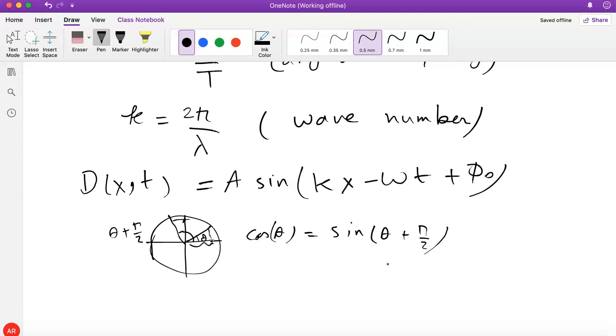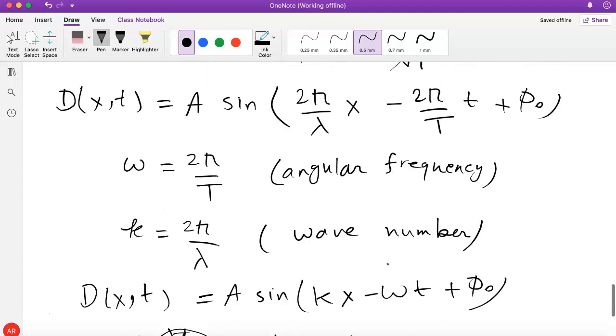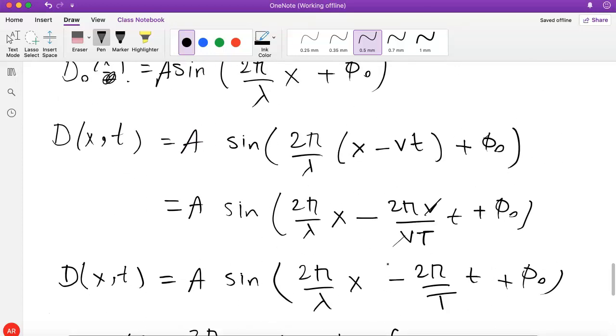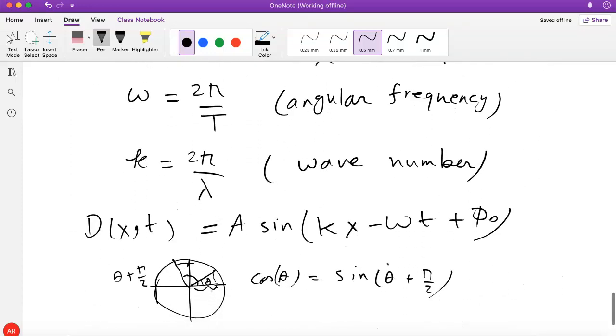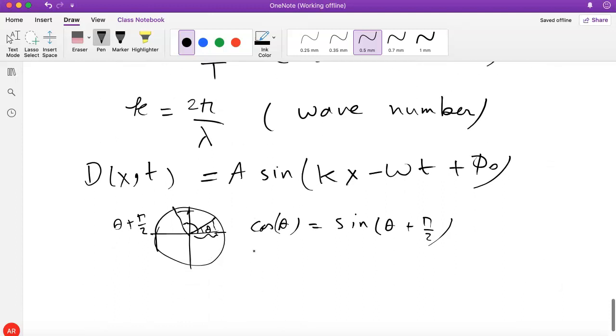And for some reason that I don't quite understand, but it's really arbitrary, in this textbook, the convention is that for a simple harmonic oscillator, we pick the cosine, and for waves, where you have a displacement that's a function of position and time, we choose sine of kx minus omega t plus phi naught. Okay, so that was a little bit subtle. So let's try to get some practice.